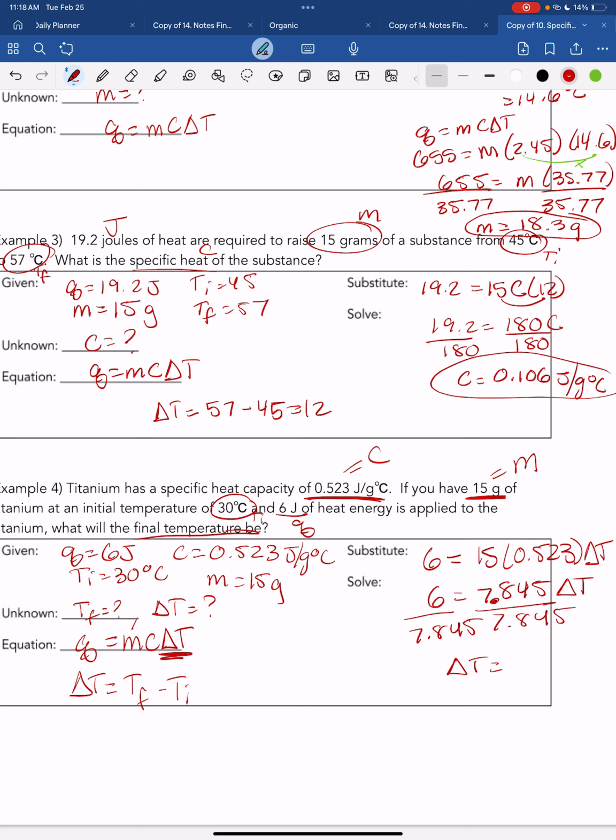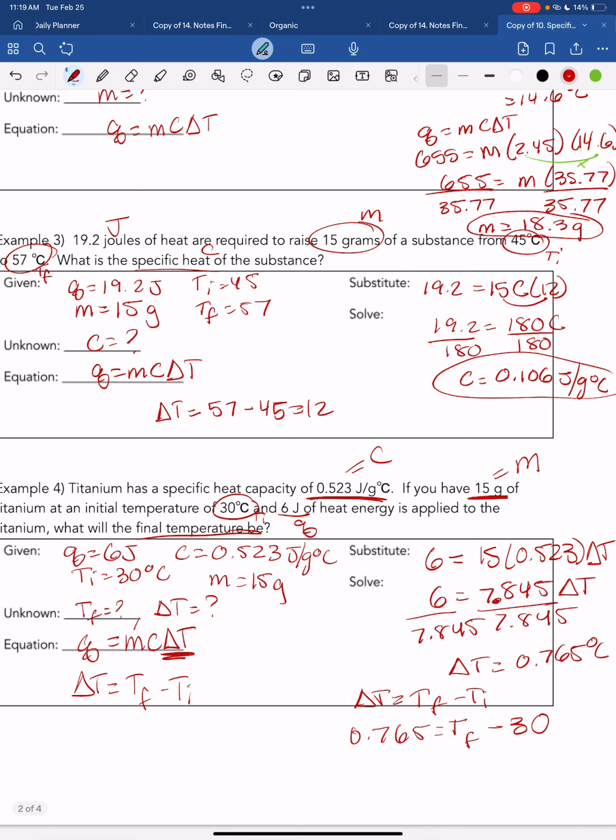So our change in temperature is 0.765. Then we take our change in temperature, and we have 0.765 is equal to T final minus our T initial, which is 30. To solve for T final, I add 30 on both sides. You get 30.765 degrees Celsius as your final answer.